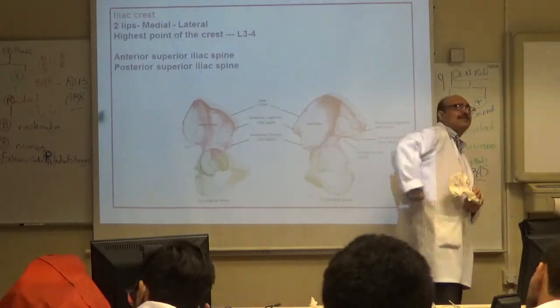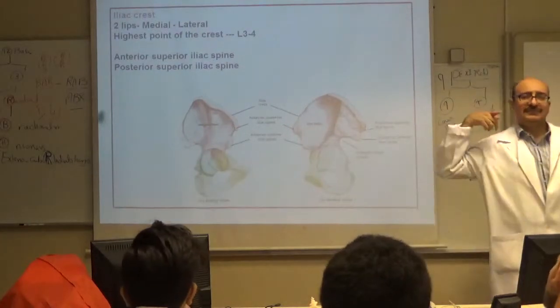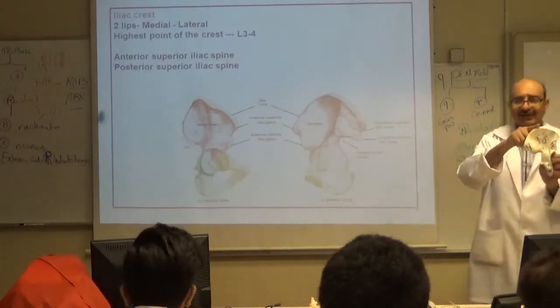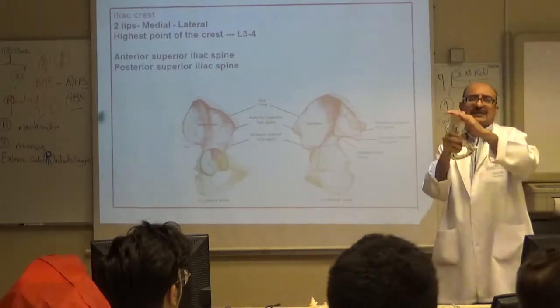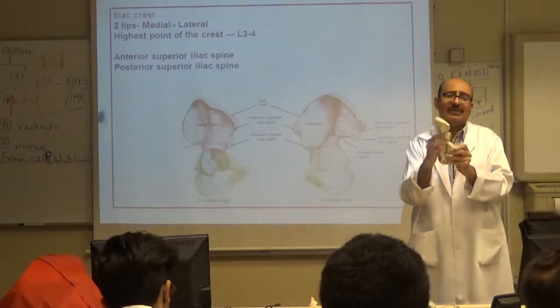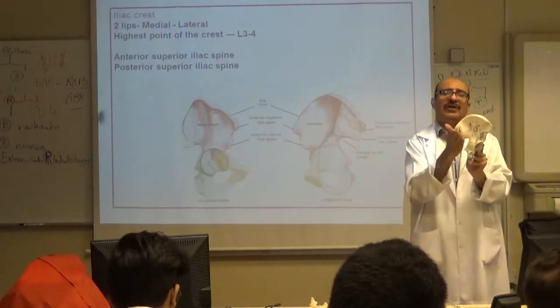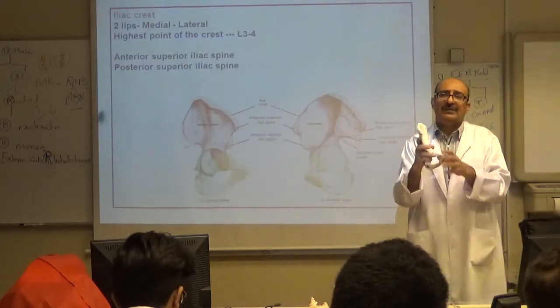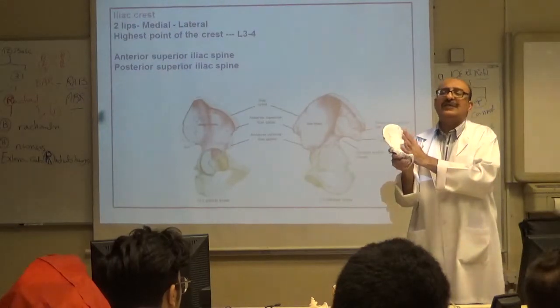It will follow L3 and 4 vertebra. This is a landmark for lumbar puncture. So you can have some idea. Again, iliac crest, medial lip, lateral lip, highest point. Anterior border, posterior border, medial border, gluteal surface, iliac fossa, sacropelvic surface.